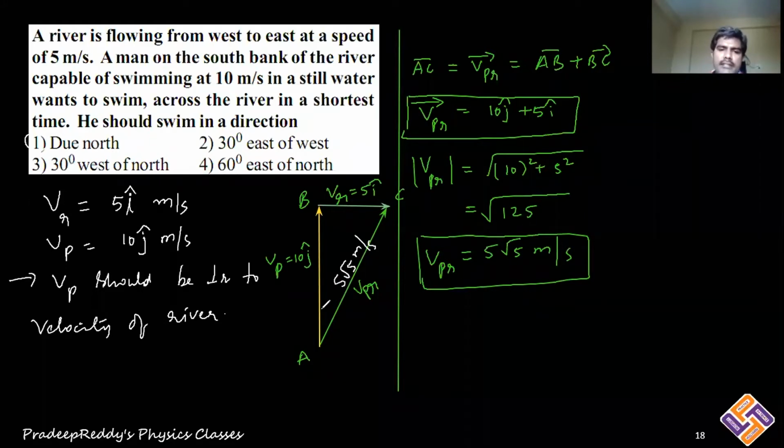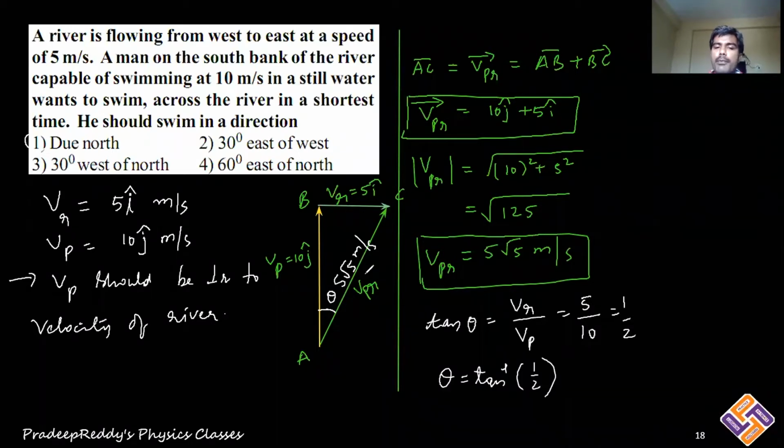Okay. Now there is some angle by which he is drifted over here. I can find out this angle. Let me consider this angle as theta. So I can take tan theta equal to the opposite vector, VR, divided by the adjacent vector, VP. This is 5 divided by 10, which is 1 by 2. Theta is equal to tan inverse of 1 by 2.